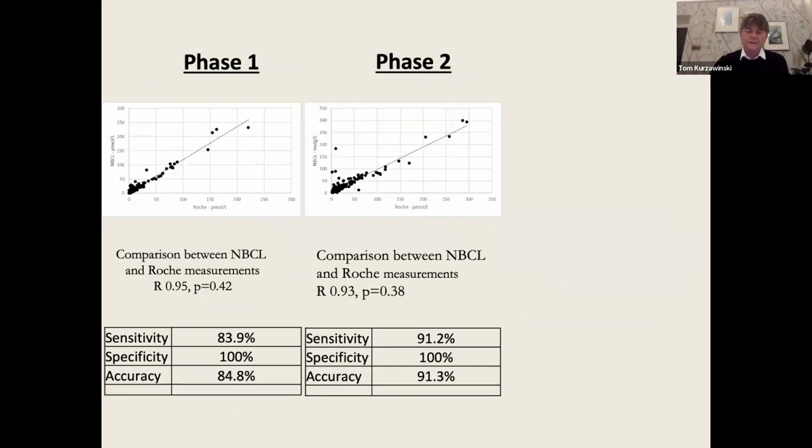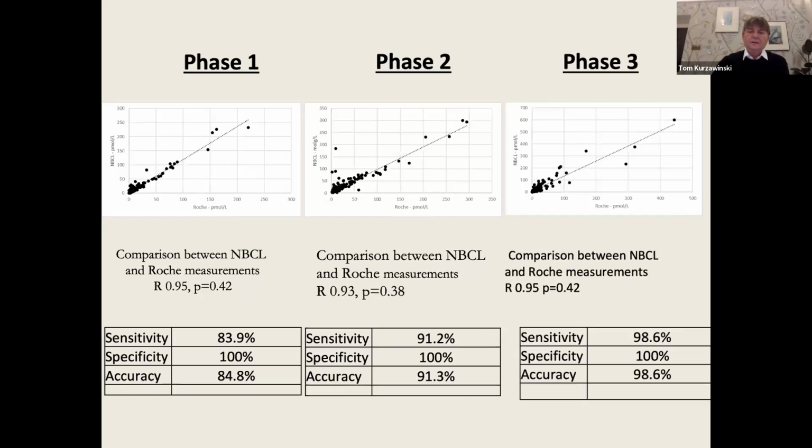We think that this is caused by heterophilic antibodies, because the antibodies which are used in this test are goat antibodies. So we dealt with this problem by adding a little bit more of the anti-heterophilic antibodies into the cartridge. And you can see that in the final phase, we had a sensitivity of 98.6%. Now, this is compatible with the Future Diagnostic, but obviously this assay is much faster.